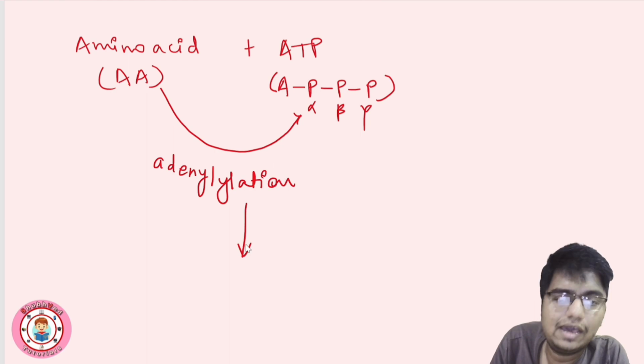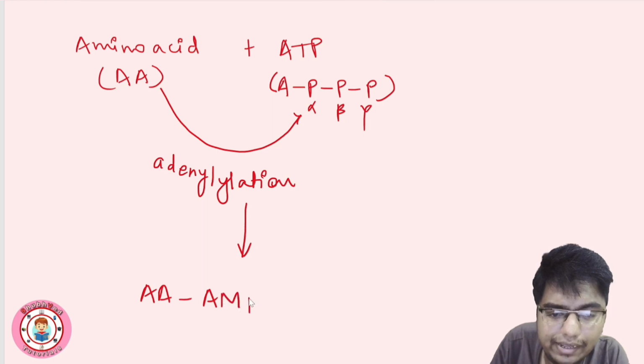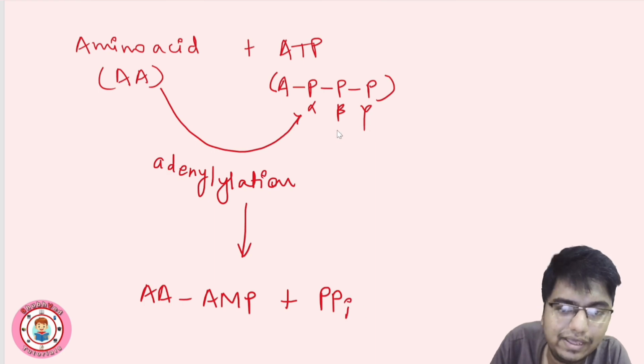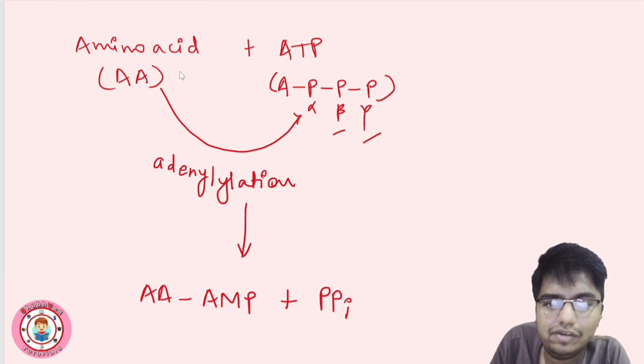What will happen then here? Amino acid will combine with AMP, adenosine monophosphate, and pyrophosphate will be released. These beta and gamma phosphates will be released and the amino acid will form a bond with AMP, adenosine monophosphate.